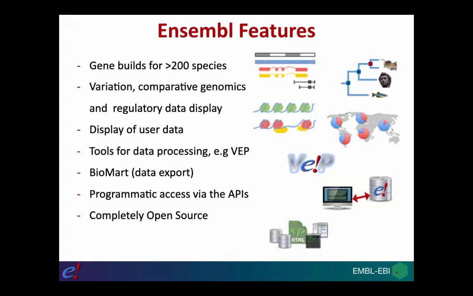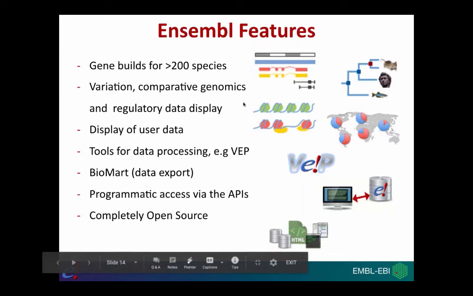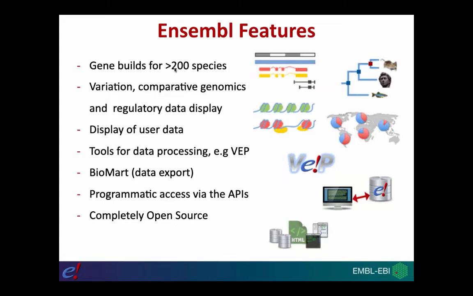There are a number of ways that you can interact with this data as well. All of the data that I've been explaining so far is available through the web interface, but you can also begin to export the data on a larger scale. We've got the Biomart data export tool, which you might find useful for exporting medium-sized data sets if you have a set of data that you want to export from Ensembl.